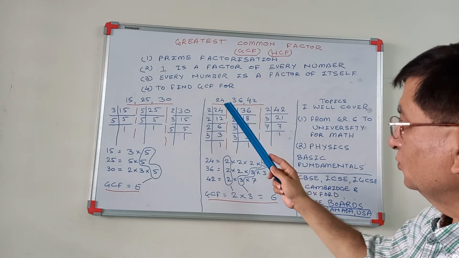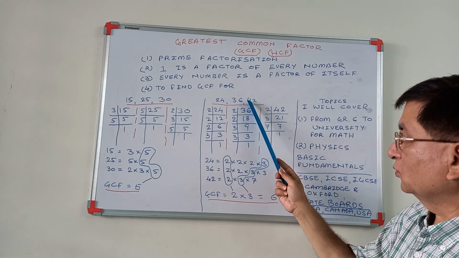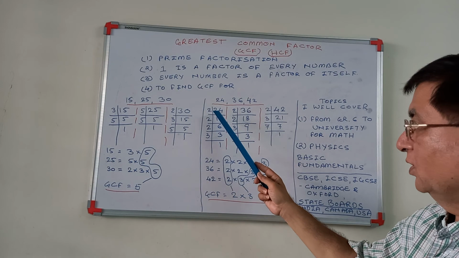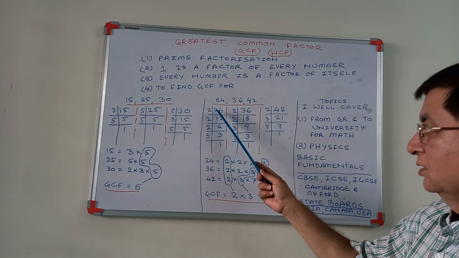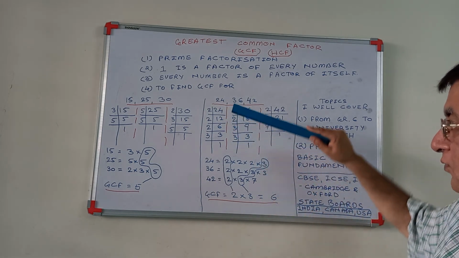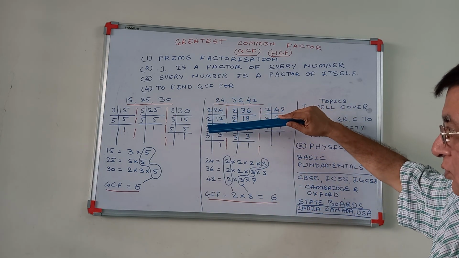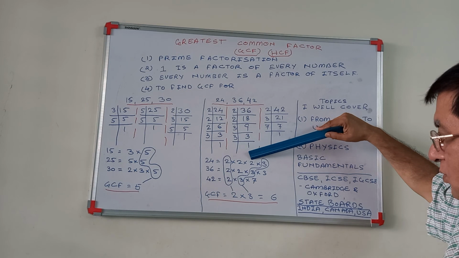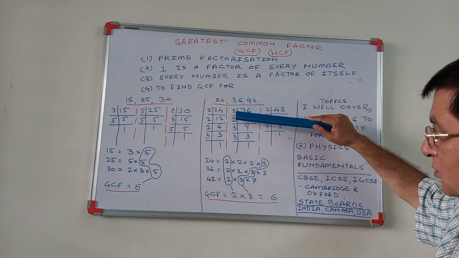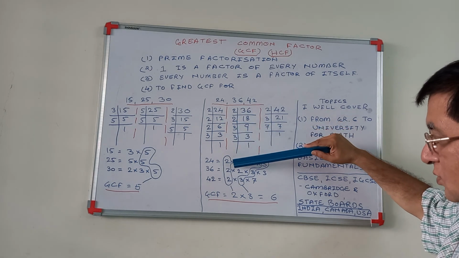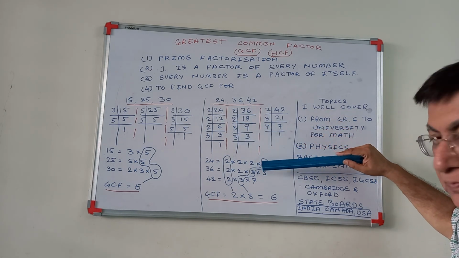Now let us come to 24, 36 and 42, the greatest common factor for 24, 36 and 42. So how can we find that? For 24, we get the factors 2 times 2 times 2 times 3. For 36, we get 2 times 2 times 3 times 3.